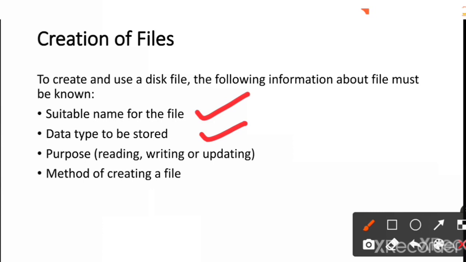The next thing is the purpose of using the file. The purpose must also be decided before using it. For example, we should know whether the file is created for reading only, writing only, or both operations, and also whether it is created for carrying out updation, etc.